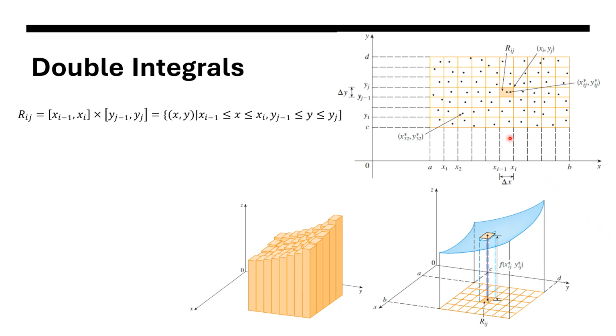The area of this rectangle would be the product of the length and the width. So you have the closed intervals [x sub i minus 1, x sub i] by [y sub j minus 1, y sub j], which can be represented as the set of (x, y) such that x is greater than or equal to x sub i minus 1 but less than or equal to x sub i, and y is greater than or equal to y sub j minus 1 but less than or equal to y sub j.